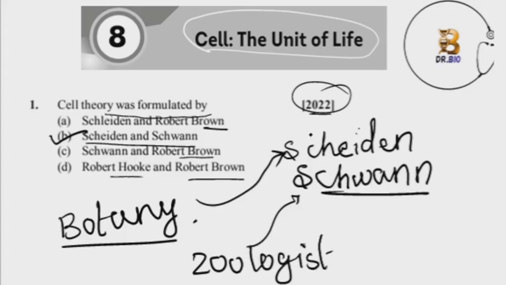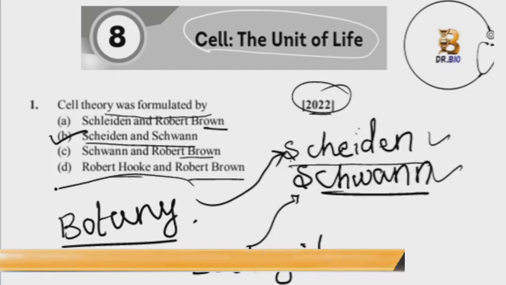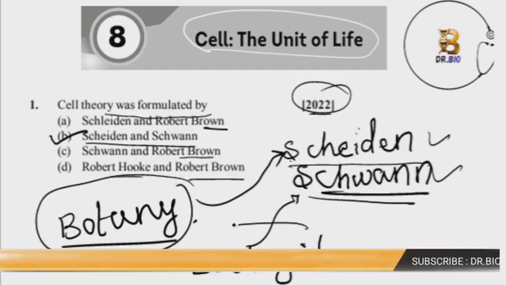That question also appeared in the examination, asking the field from which Schleiden and Schwann came, which particular branch they are experts in. Schleiden belongs to botany and Schwann belongs to zoology.